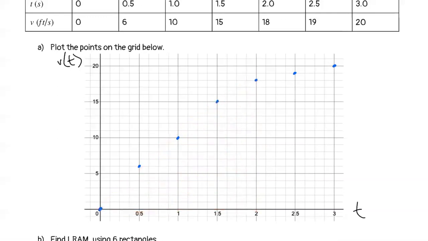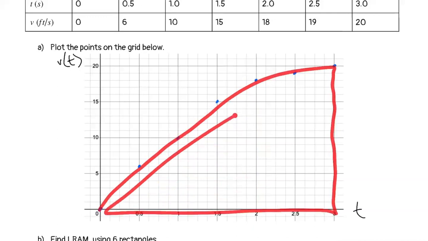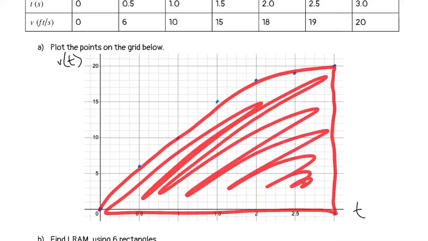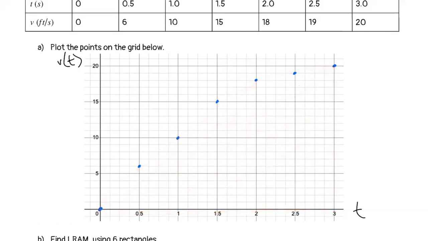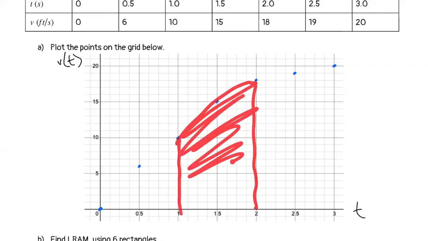What if I found the whole area from 0 to 3, all of this area? What would that tell us? How far she went over 3 seconds. What if I just found this area, just this middle clump?